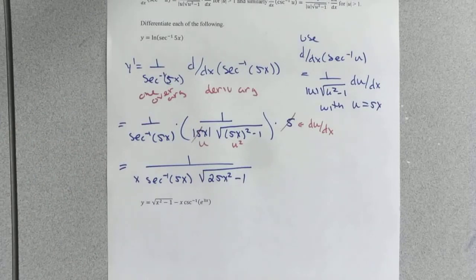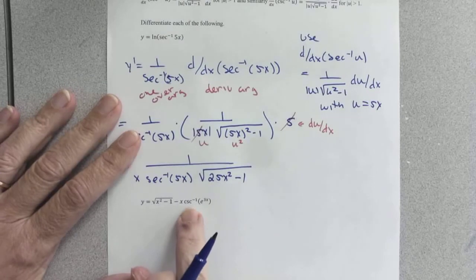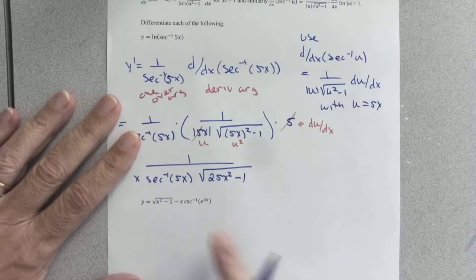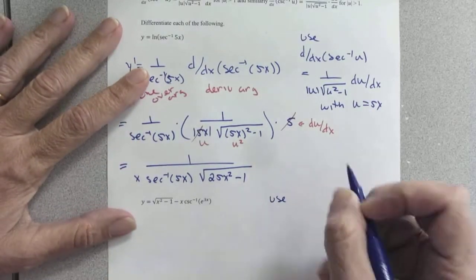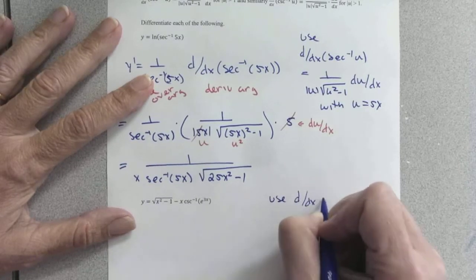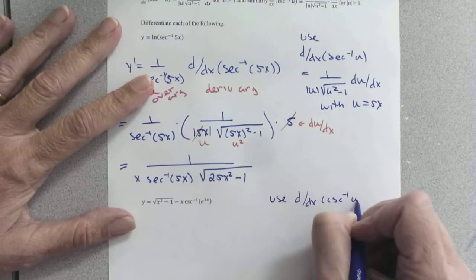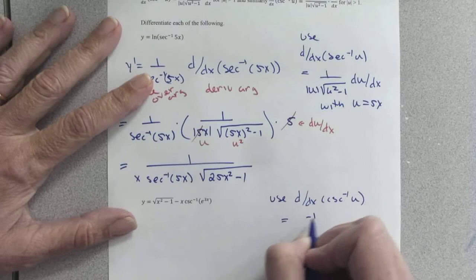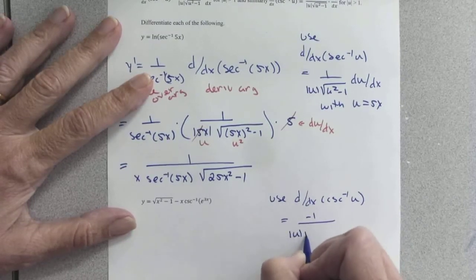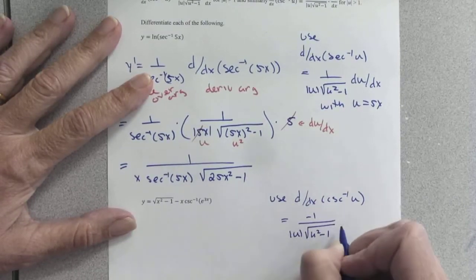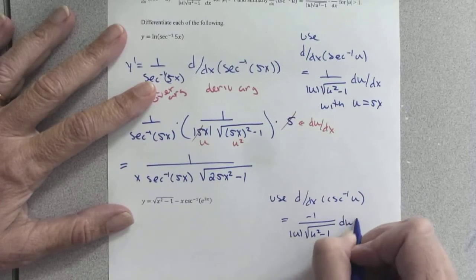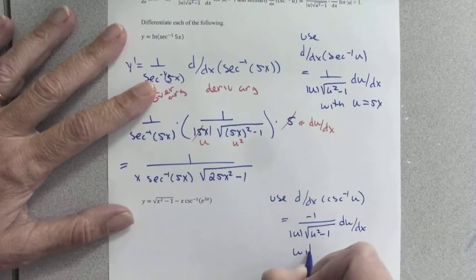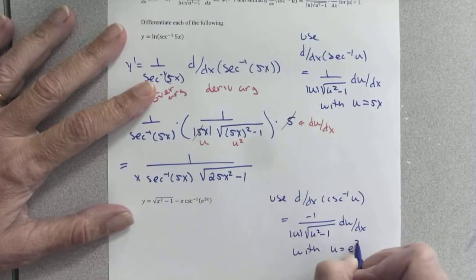Okay, our last problem in this section. So when we get to the cosecant inverse of e to the 3x, we will eventually use that the derivative of cosecant inverse of u is negative 1 over the absolute value of u, square root of u squared minus 1, du dx, with, in this case, u equal e to the 3x.